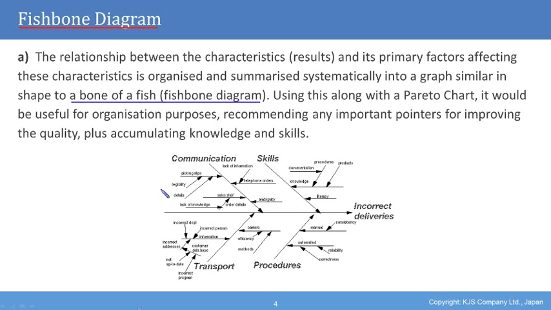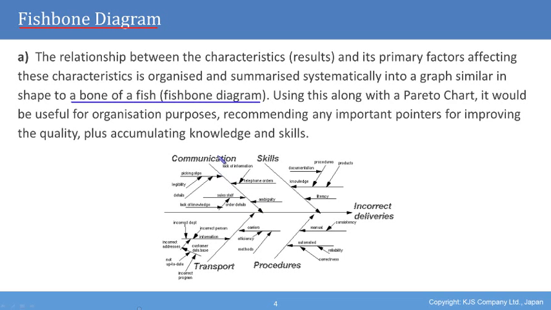Here is an example of a fishbone diagram. The central spine is the incorrect deliveries, and stemming from incorrect deliveries are various possibilities why they can happen. The categories are organized into transport, procedures, skills, and communication. Each of these branches have sub-branches which stem out of them.